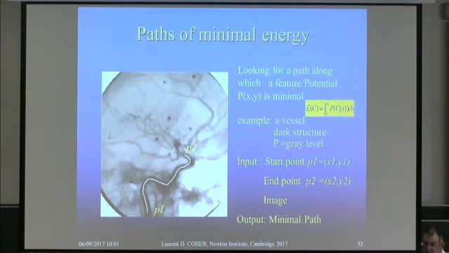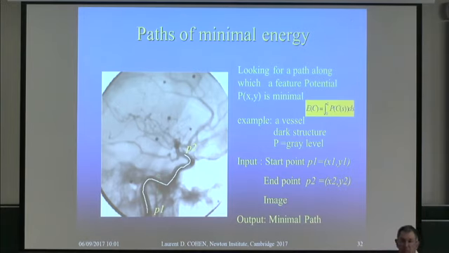It can be related, as here, to the gray level, where you're looking for a vessel that is darker than the rest. So the potential can be an increasing function of the gray level, and when you minimize it, the curve locates on darker regions. The input from the user is a starting point P1 and an endpoint P2, and the output is the minimal path, the global minimum of the integral of P among all paths that join P1 and P2.